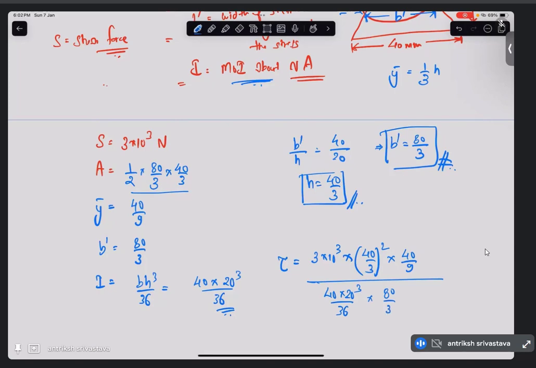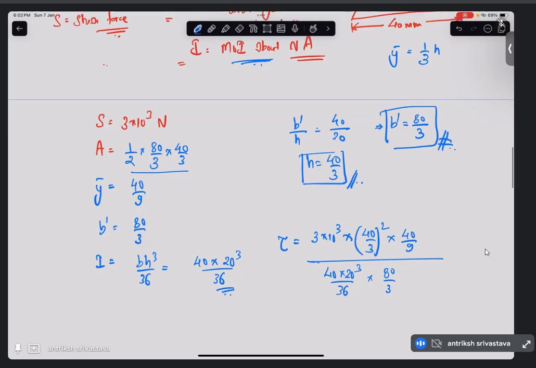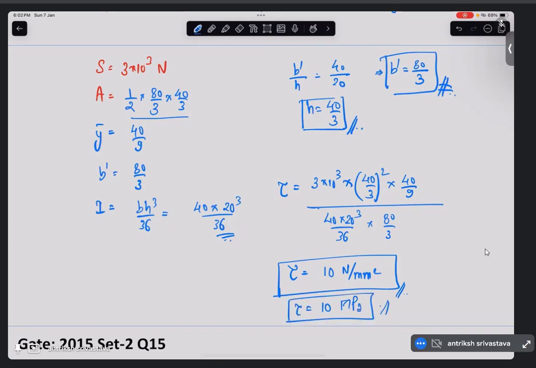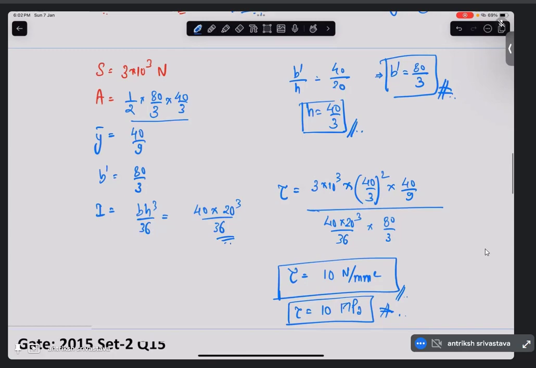So upon simplification, you will see that the value of tau that you are getting is 10 Newton per mm square. And I have also told earlier, this Newton per mm square is nothing but megapascal. So 10 megapascal is the answer for this question.